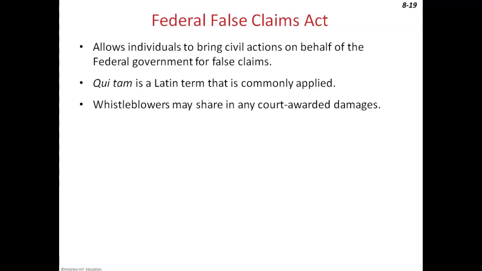Things that fall under the False Claims Act are making a false record or statement to get a false claim paid by the government, conspiring to have a false claim paid by the government, withholding government property with the intent to defraud or willfully conceal it from the government, making or delivering a receipt for government property that is false, buying government property from someone who's not authorized to sell it, making a false statement to avoid or deceive an obligation to pay money or property to the government, or causing someone else to submit a false claim by giving false information.